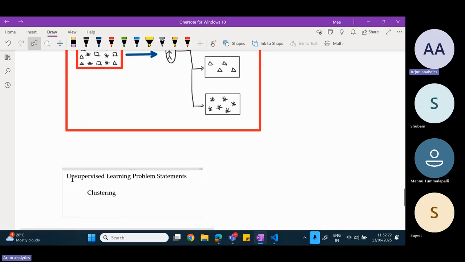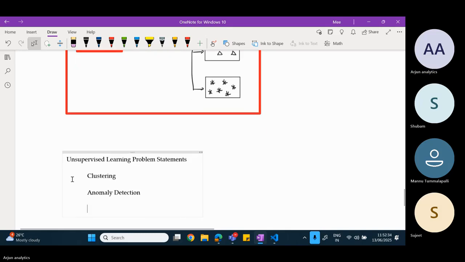Second one is anomaly detection. Third is association rule mining. These are the three major problem statements.